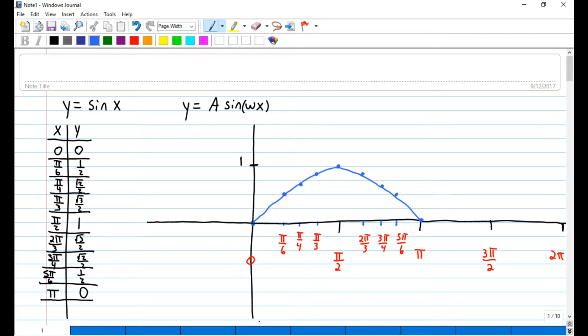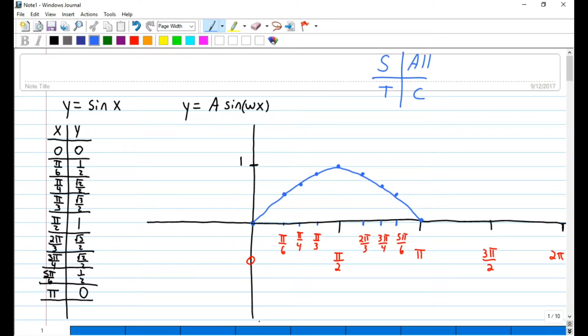Now as we get into these other common points between pi and 3 pi over 2, and between 3 pi over 2 and 2 pi, remember this is going to be the third quadrant and the fourth quadrant. And if we think back to where sine is positive, remember sine is positive in the first and second quadrants.